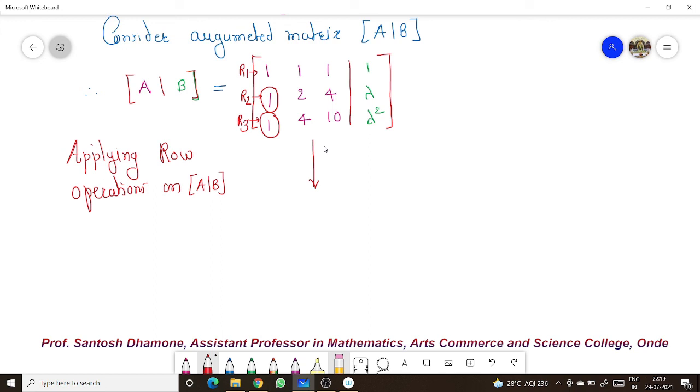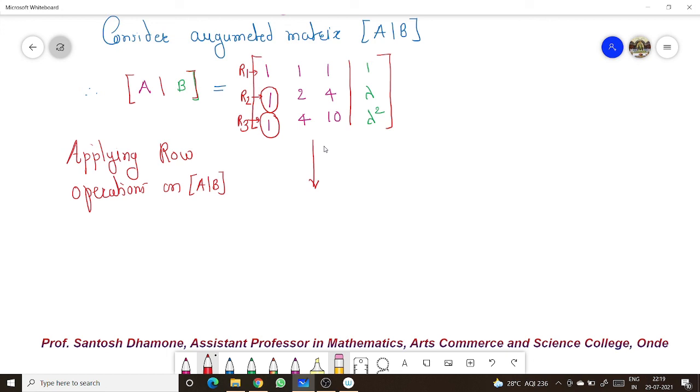This implies that lambda minus 5 is equal to 0 and mu minus 9 is equal to 0, so lambda is equal to 5 and mu is equal to 9.